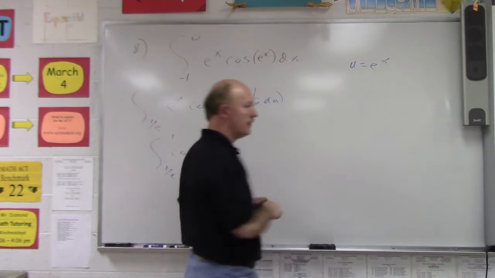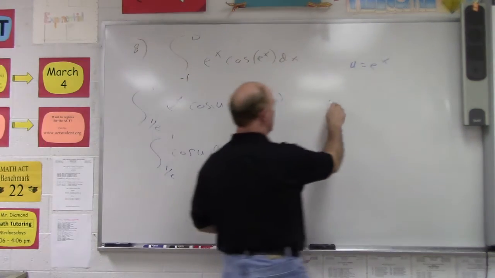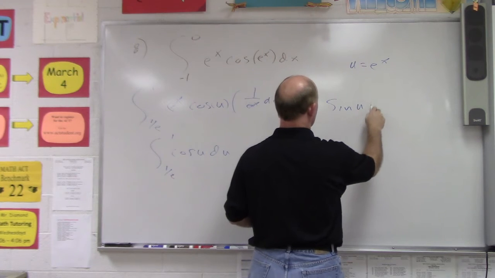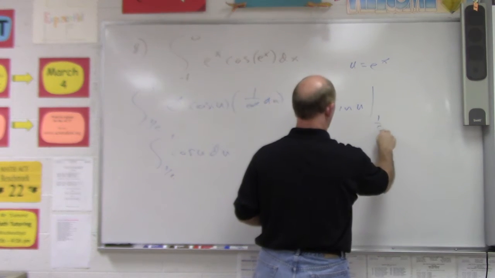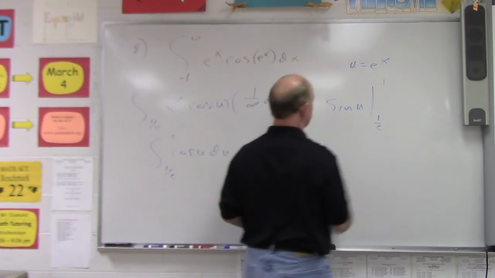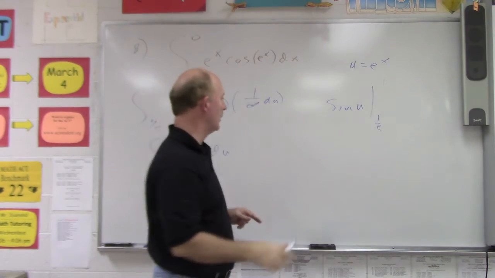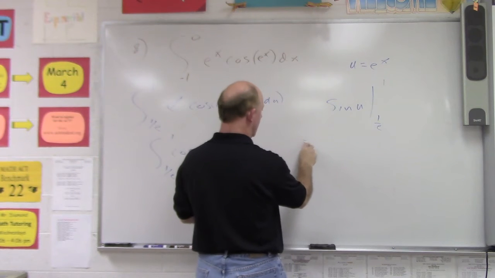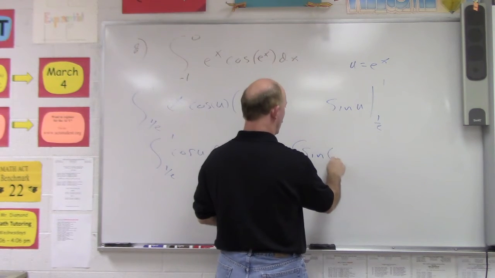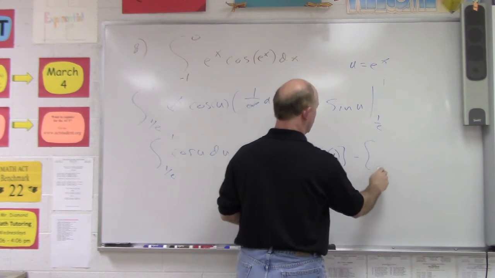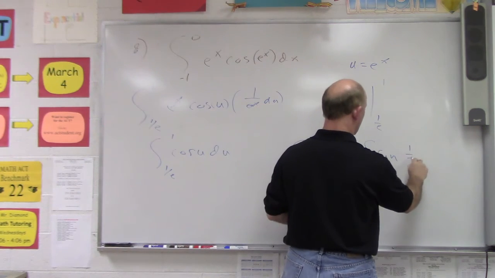Now the antiderivative of cosine is sine, right? So this would be sine u from 1 over e to 1. Okay. Now that's our antiderivative. Substitute the upper bound minus the lower bound. This is the fundamental theorem of calculus. This becomes sine 1 minus sine of 1 over e.